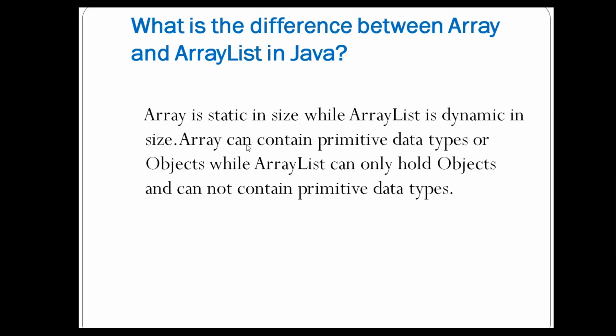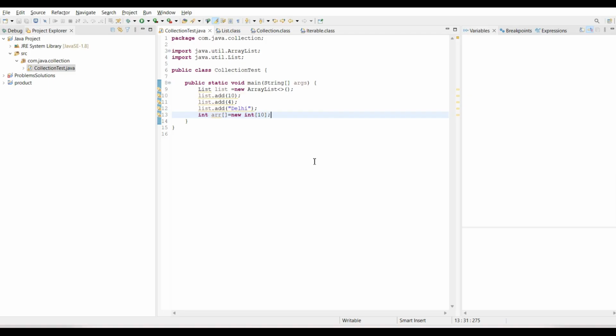So let's see the next point. Array can contain primitive data types or objects, while ArrayList can only hold objects, it cannot contain primitive data. An interviewer can ask what is the difference between array and ArrayList. First difference is array is static in size, but list is dynamic in size.